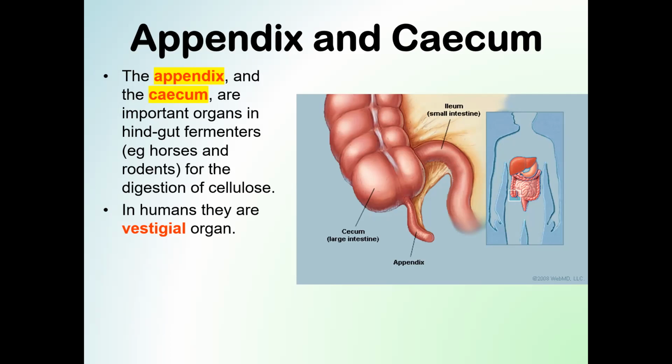And when it's cold, it lifts it up, catches air, and acts as an insulator. Our hair is useless for that sort of purpose, but we still have that muscle. So that's a vestigial muscle.